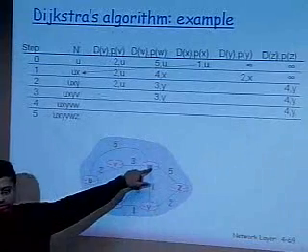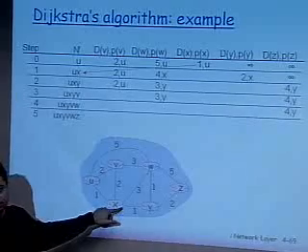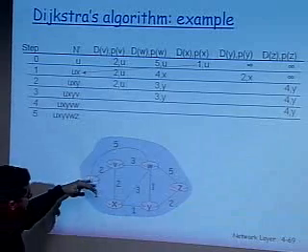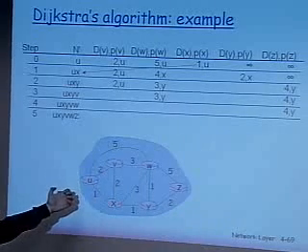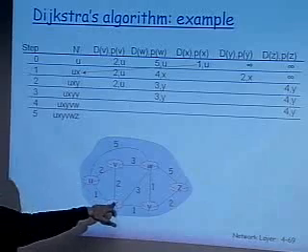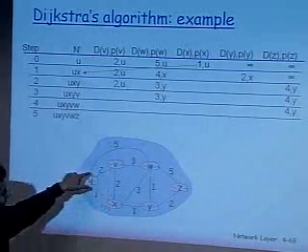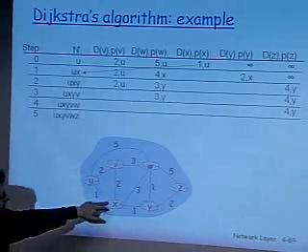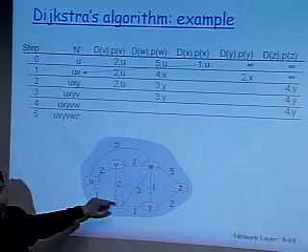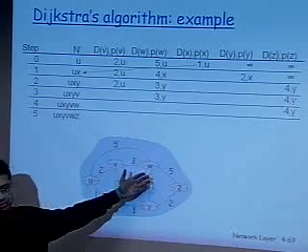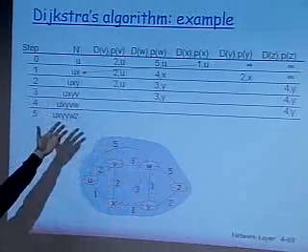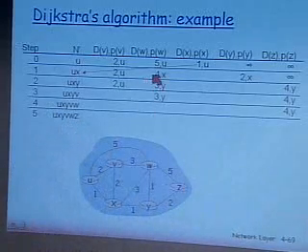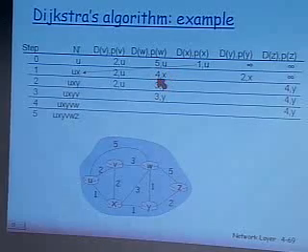The distance to W through X is the minimum of either the current distance or the distance going through X. The distance going through X is the distance to X, 1, plus the cost of the link between X and W. So now the distance becomes 4, and you're going to update the distance to W to be 4.